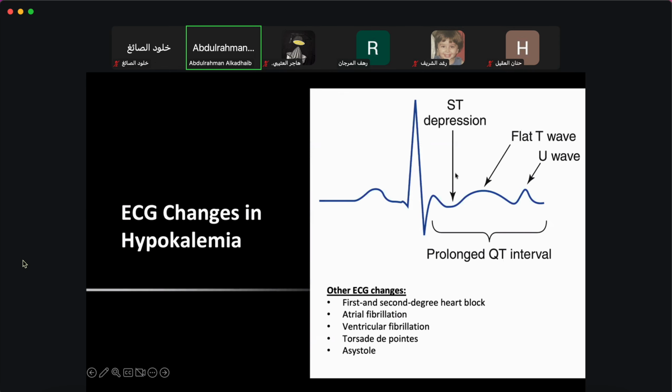As we said, it may cause ST depression or flattening of the T wave, an extra wave called the U wave just before the next P wave, and prolongation of the QT interval as well. And in very severe cases, it may lead to arrhythmias or heart blocks, such as first or second degree heart block, atrial fibrillation or ventricular fibrillation, or may even lead to cardiac arrest due to asystole.